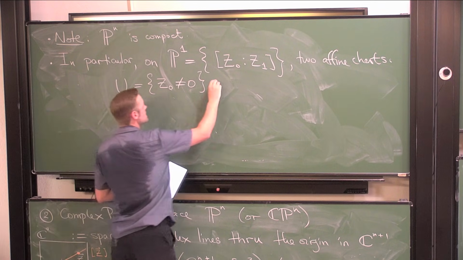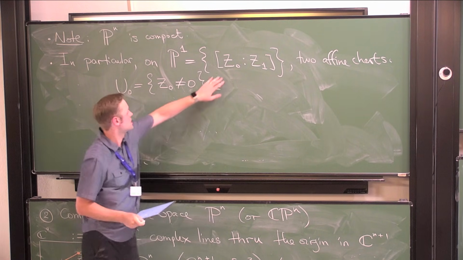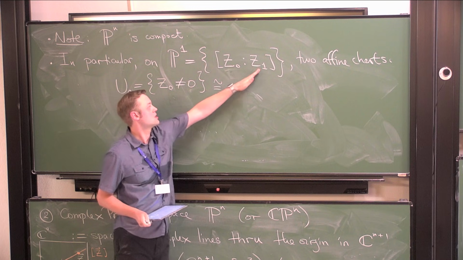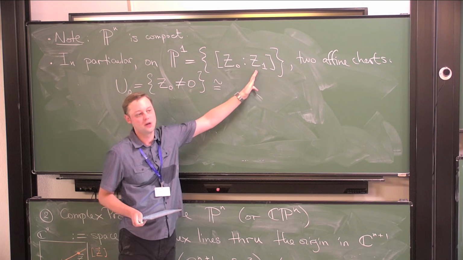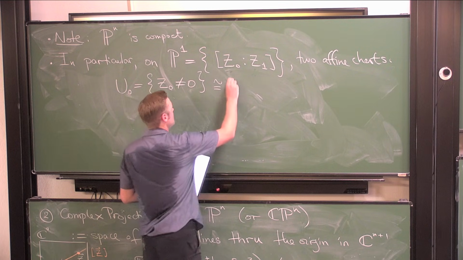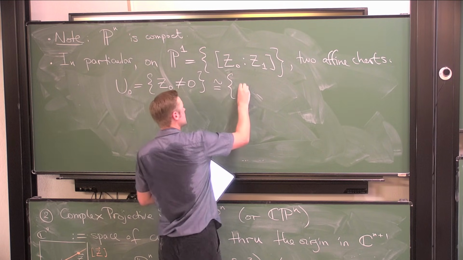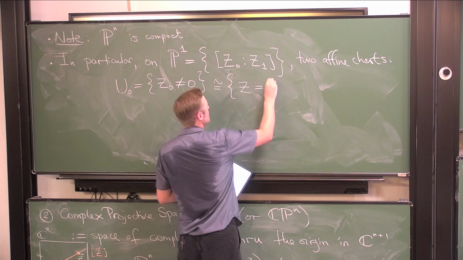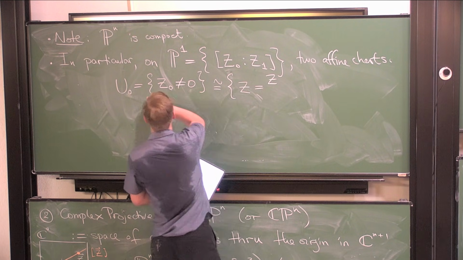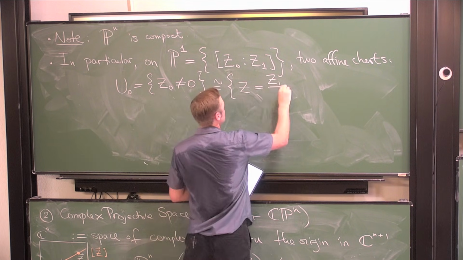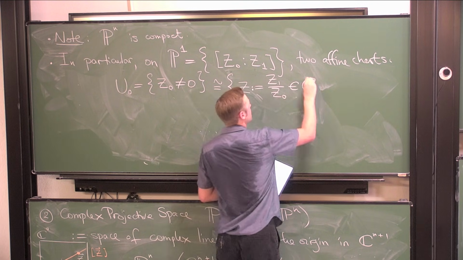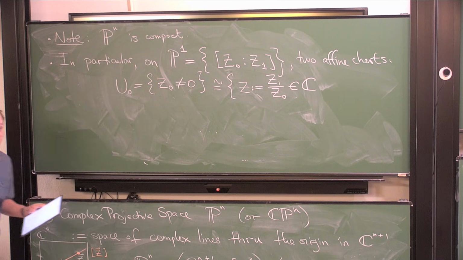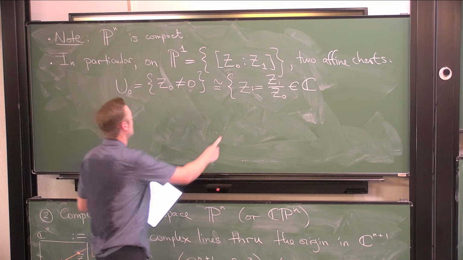When Z0 is non-zero, I can always scale it away, and I end up with a single complex number, Z1 over Z0, which I'll call Z. It's the collection of Z related to these coordinates by Z1 and Z0. This is a complex number, not necessarily non-zero.